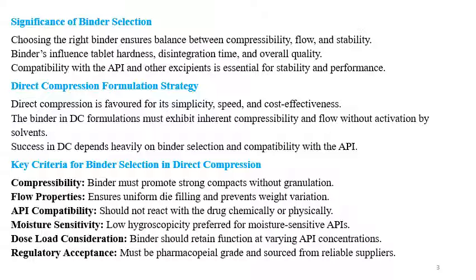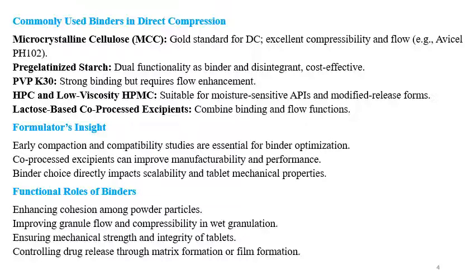Key criteria for binder selection in direct compression are compressibility, flow properties, API compatibility, moisture sensitivity, drug load consideration, and regulatory acceptance. Whenever you are working on the direct compression process, always check the compressibility, flow, and density of the powder blend. Commonly used binders in direct compression are MCC, pregelatinized starch, PVP K30, and copovidone.